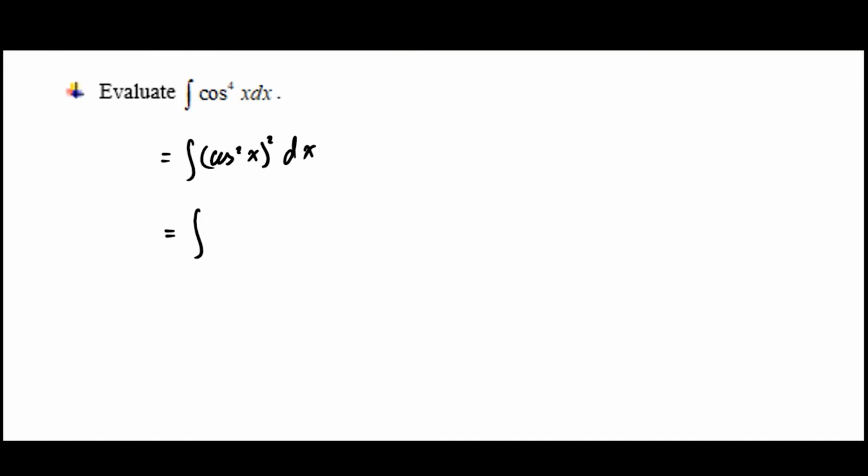Somebody tell me what that cosine squared x is. What is cosine squared? 1 minus sine squared? No, not that one. Half angle thing. So 1 plus cosine 2x over 2. Yeah, that. We kind of need that.